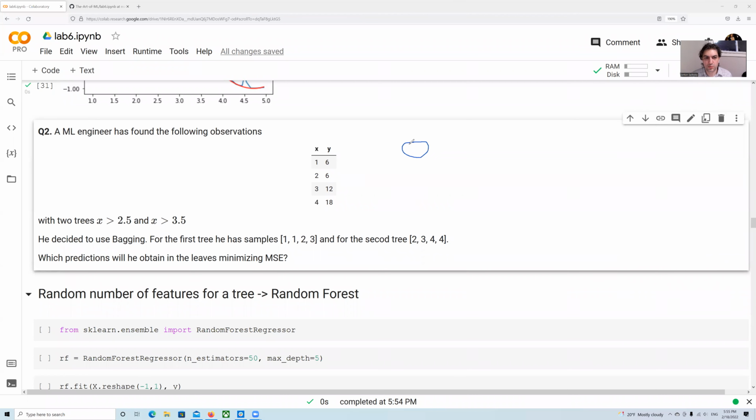There were two nodes, one with decision x greater than 2.5, and the second with threshold 3.5. So he decided to calculate the values in the leaves of these trees using Bootstrap.